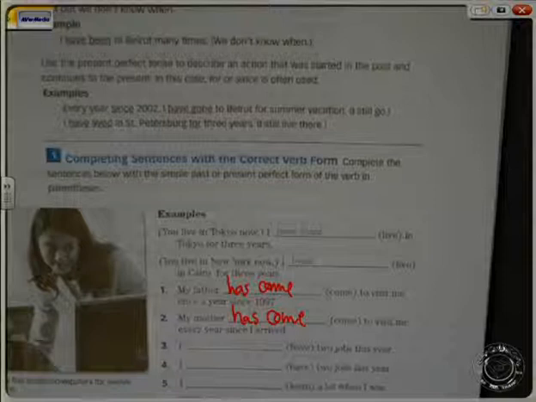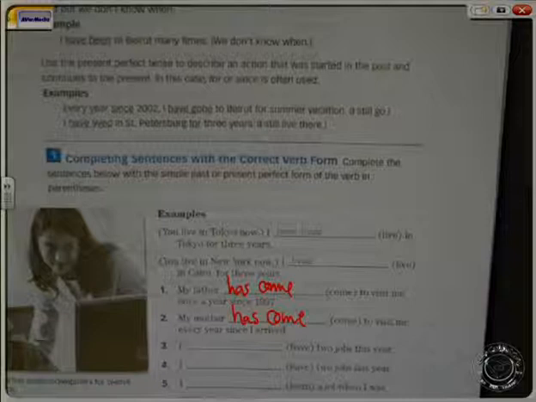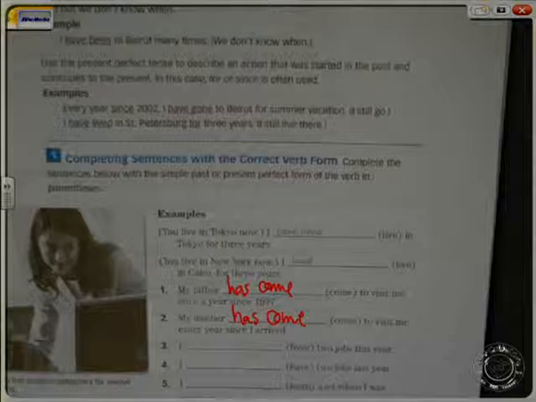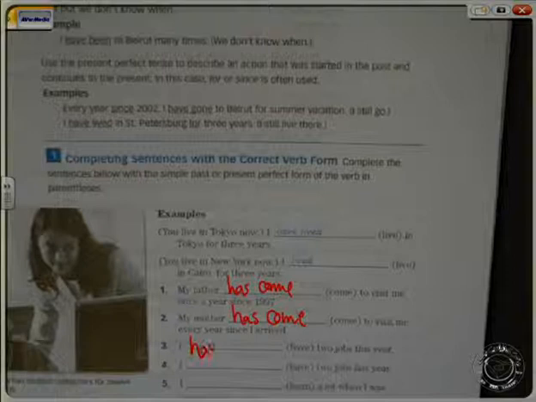Okay, let's look at 3. You have the verb have. 2 jobs, meaning I obtain, I own, I possess 2 jobs this year. So I have 2 jobs this year, that's you, and then had.